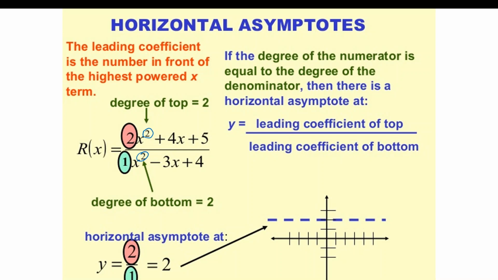So here's this example. Notice that I had a 2 and a 1. So the asymptote is going to be at y equals 2 over 1, or simply y equals 2 when you divide that out. All right, so here's where my horizontal asymptote is going to be for this particular problem.